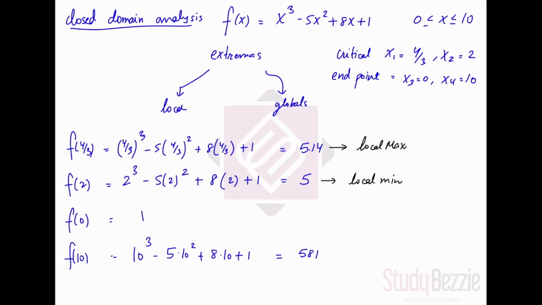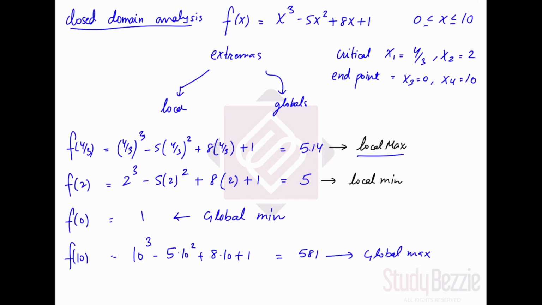So this is 1, and that's the smallest value, so this becomes your global min. That means the other min becomes the local min. That's the important thing. And here 581 is the biggest value, so that becomes the global max, leaving the other one to be the local max.